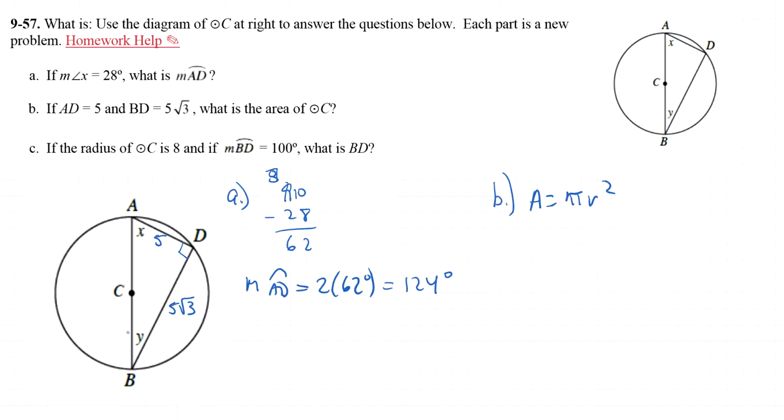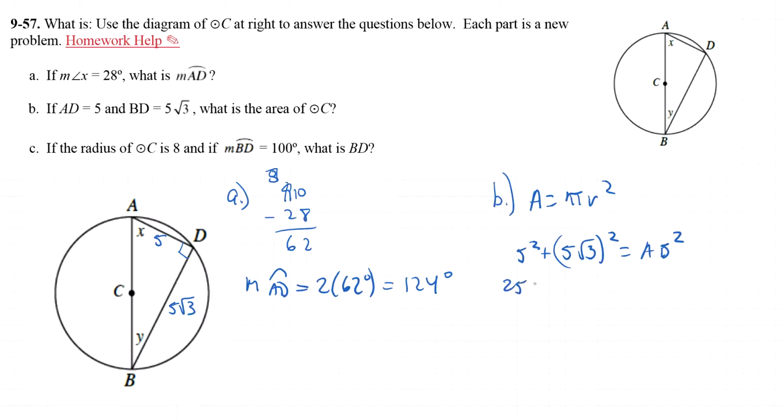I know this is an inscribed angle. It's intercepting a diameter, and this is a right triangle. So this length would be the diameter. If I cut it in half, that would be the radius. So 5 squared plus 5 root 3 squared equals AB squared.